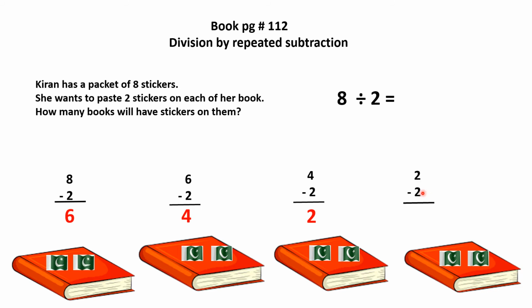Now subtract 2 from number 2. The answer is 0. Now you have no more stickers. She has already pasted all the stickers. 8 stickers she has pasted on 4 books. So number 2 is subtracting again and again.